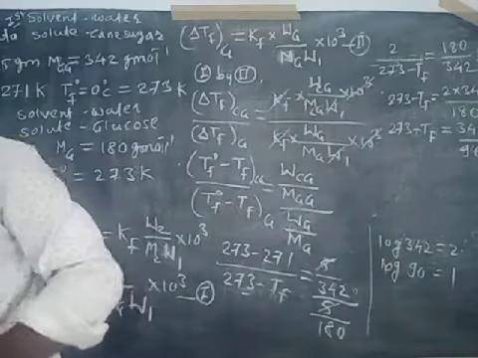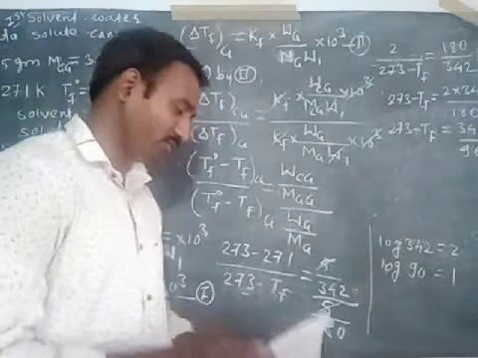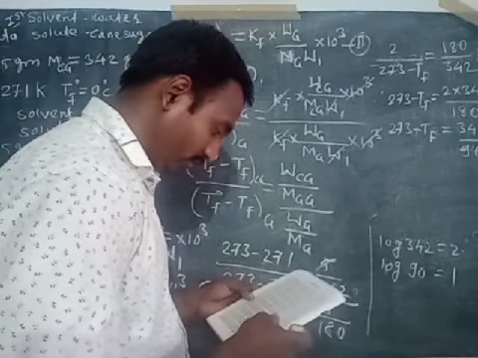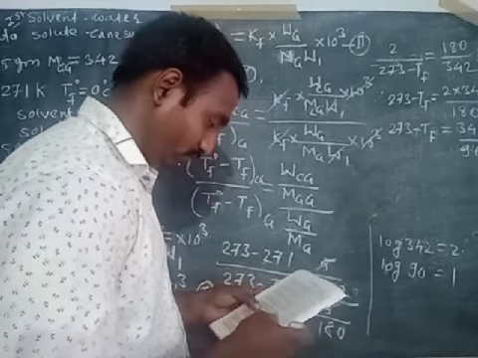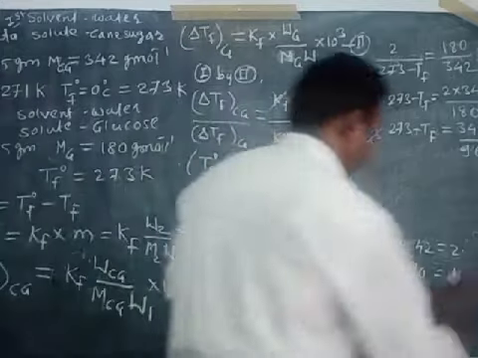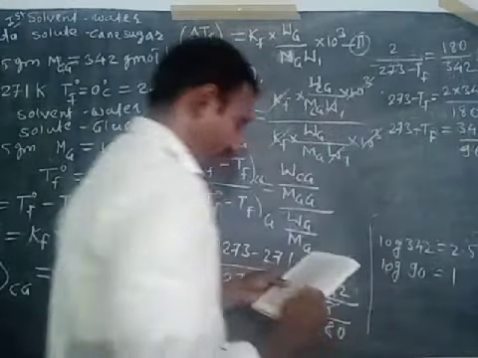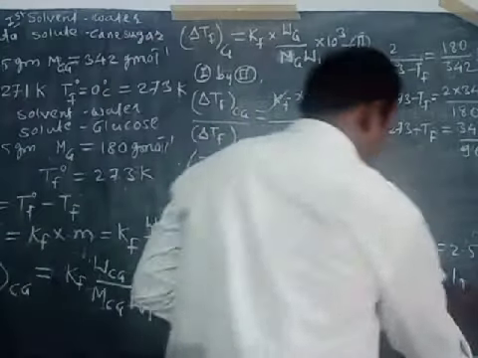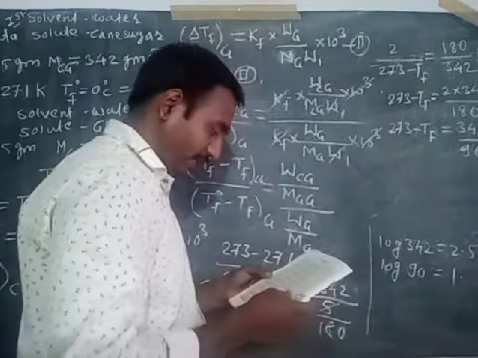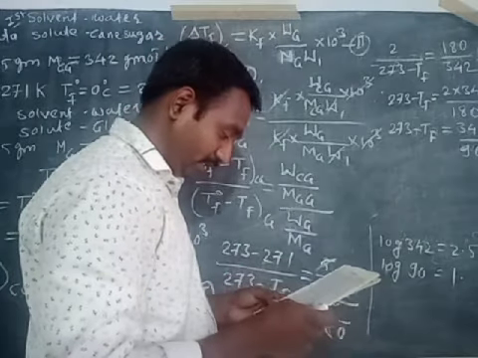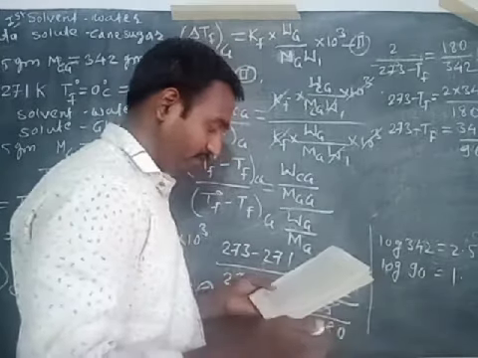The log of 342 into 2, the value for log of 342 will be 5340, and for the 90, the characteristic is 1, log of 90 is 9542.